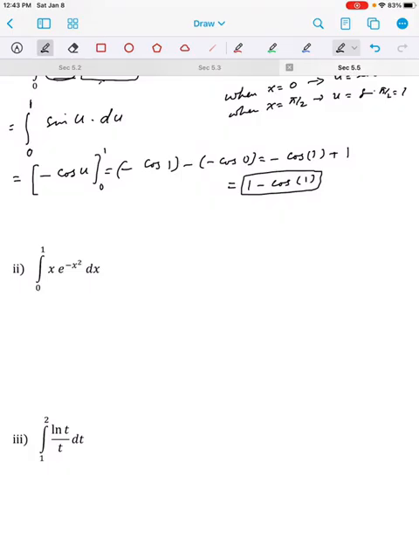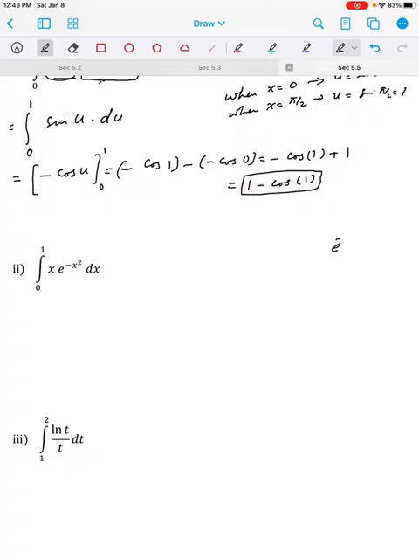So we have x multiplied by e to the minus x square. Your first job is to realize or be able to see a function inside a function, and then the derivative of that being multiplied.